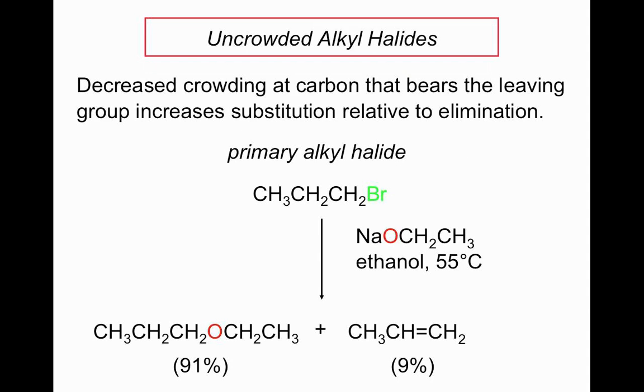This occurs in any case where you have a primary alkyl halide. A primary alkyl halide, note in this case we have propyl bromide reacting together with the same nucleophile, a strong base, produces the ether product, the substitution product, as the major product compared to the elimination product. This is because the primary alkyl halide has less crowding around the alpha carbon. Secondary alkyl halides with strong bases favor elimination. Primary alkyl halides with strong bases favor substitution.